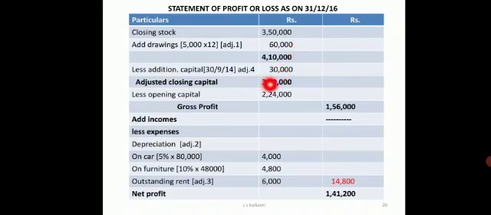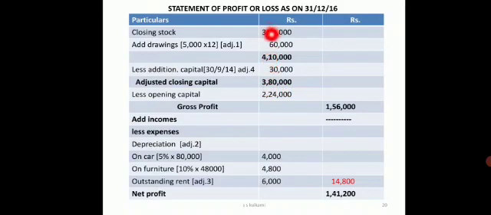But it is showing 3,50,000, because in between we have done drawings and introduced fresh capital. If these two were not existing, then I would get 3,80,000.